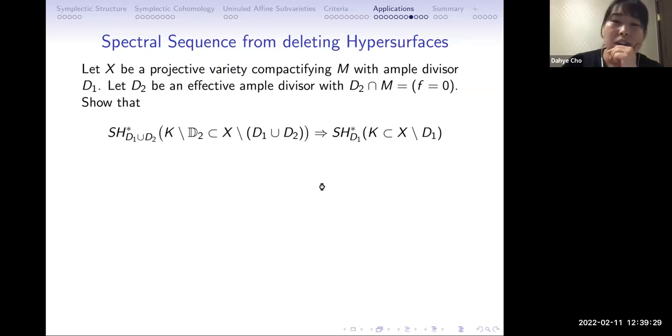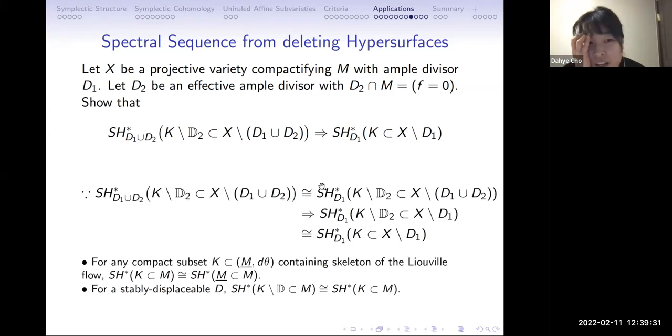So the idea is, actually I show that there are two different symplectic structures, but they can be Weinstein homotopic.